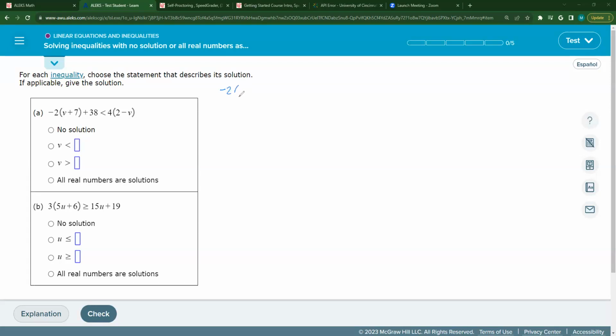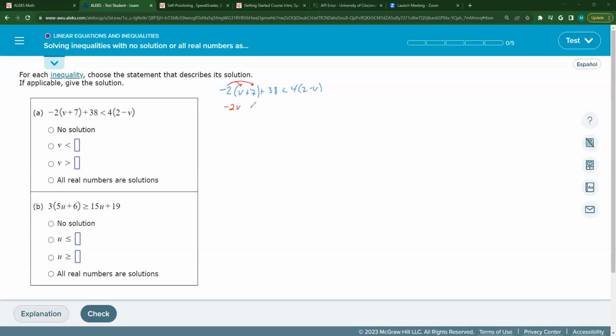So negative 2 times v plus 7, plus 38 is less than 4 times 2 minus v. All right, so first thing we're going to do is distribute to get rid of parentheses. So negative 2v.